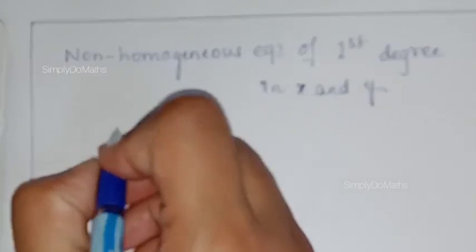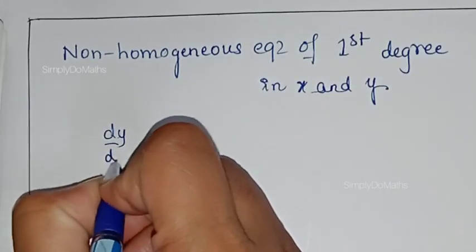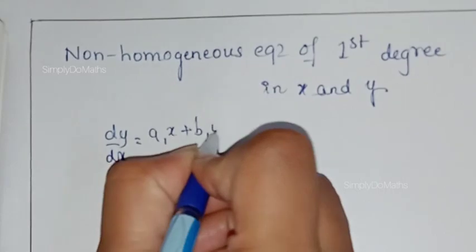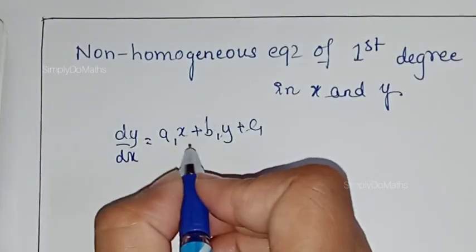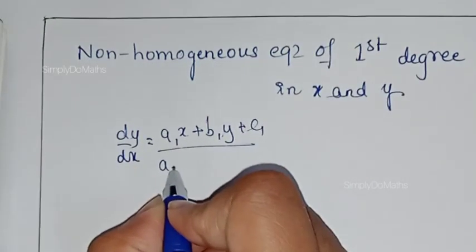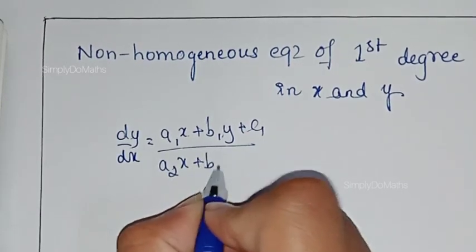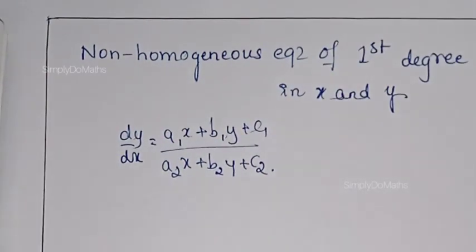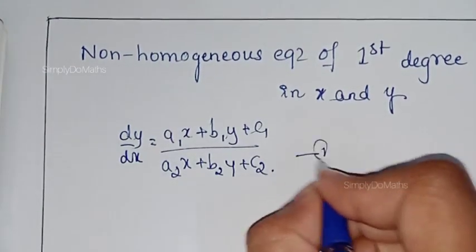Consider the equation which is in the form dy by dx equal to (a1x plus b1y plus c1) divided by (a2x plus b2y plus c2). Call this equation 1.